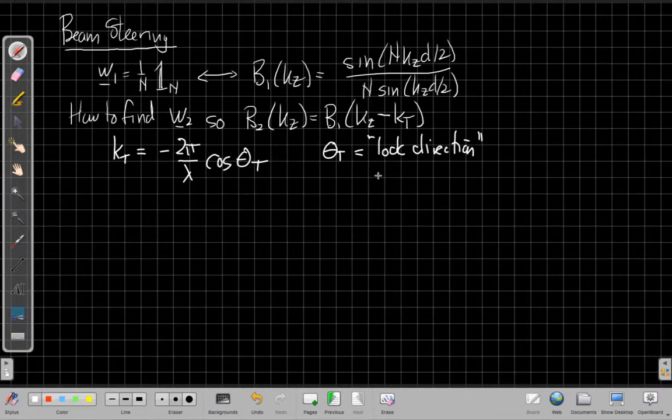Different communities use different terms, so this is look, not lock, or steering direction.